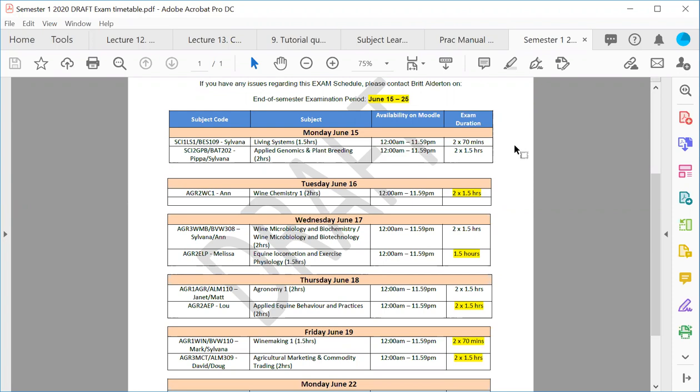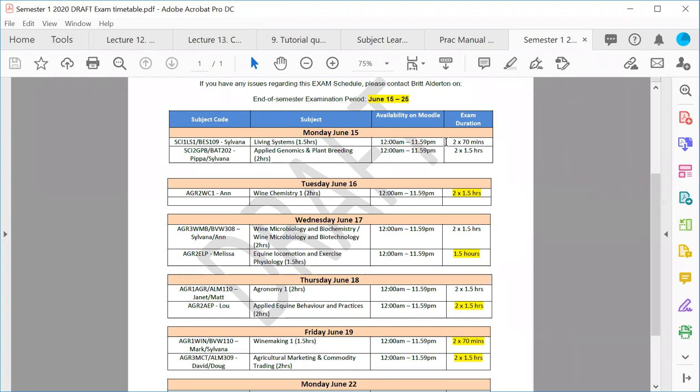You'll also see that for all the final exams, you will have a 24 or nearly 24-hour window in which to complete the exams.